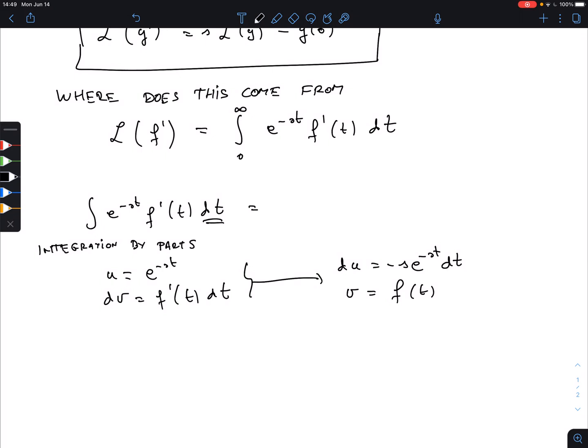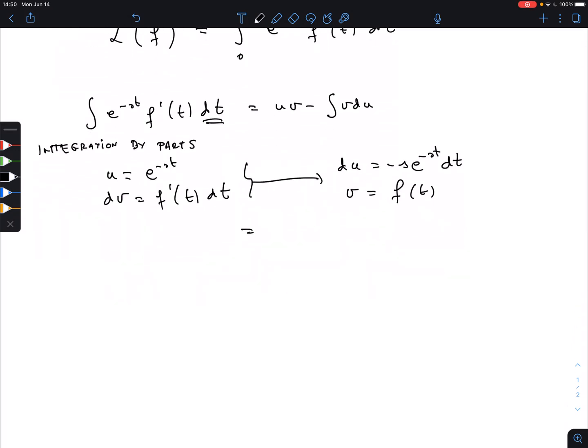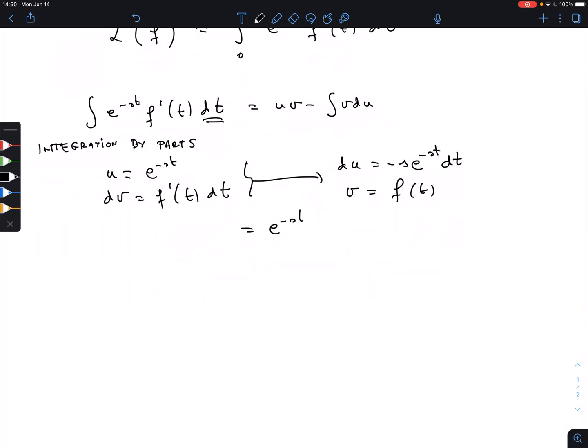So this is now equal to uv minus the integral of v du. Let's plug everything in: e^(-st) f(t), minus the integral of f(t) times minus s e^(-st) dt.